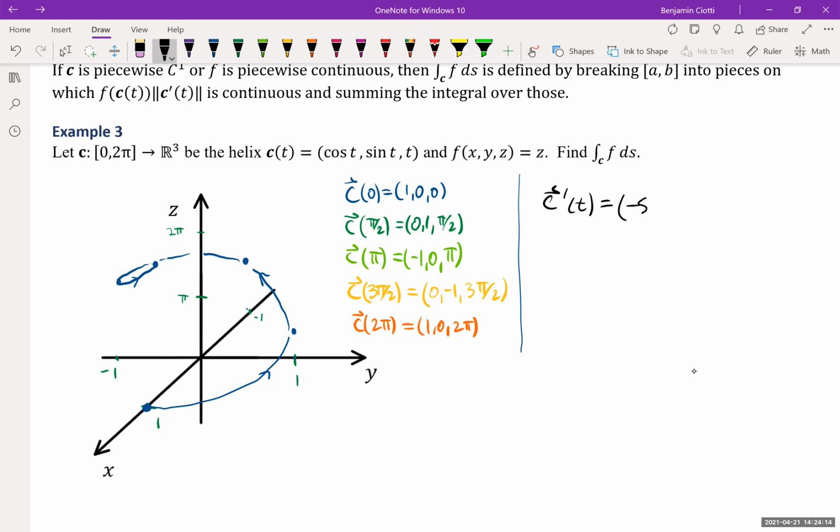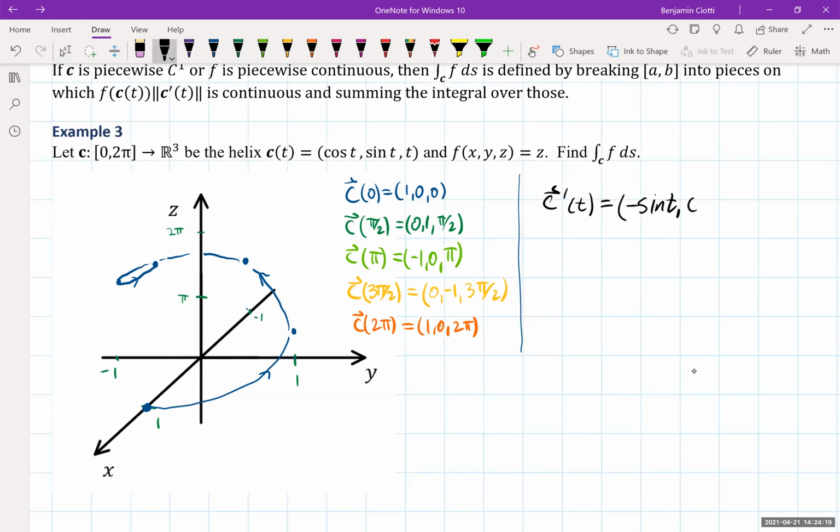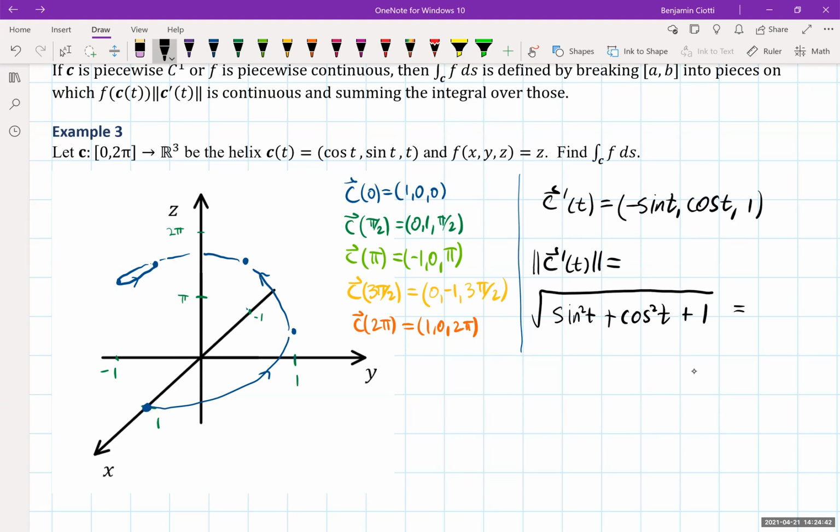That's going to be negative sine t, cos t, 1. So that's the velocity. So the speed is going to be the square root of sine squared t plus cos squared t plus 1, which is just root 2. So that's nice. The speed is constant throughout.